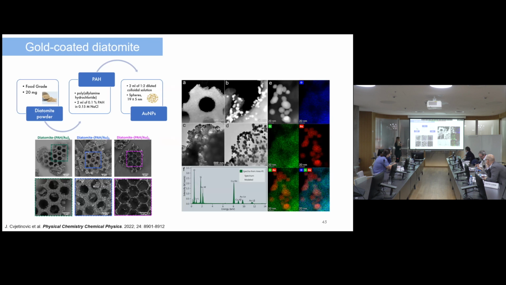Well, maybe this is not so obvious after several depositions, but during the first couple of depositions, I think you mentioned in the thesis that... actually, during the first deposition, I cannot say that they tend to accumulate just along the edges. For example, if we look here, we have what looks like a uniform coverage in this place. But here, it can maybe be explained by the fact that diatomite is a rough material, with surface roughness that is also around these pores.